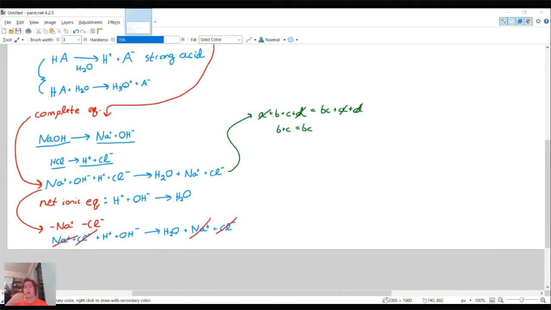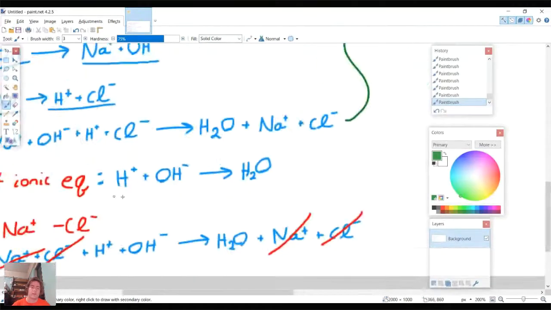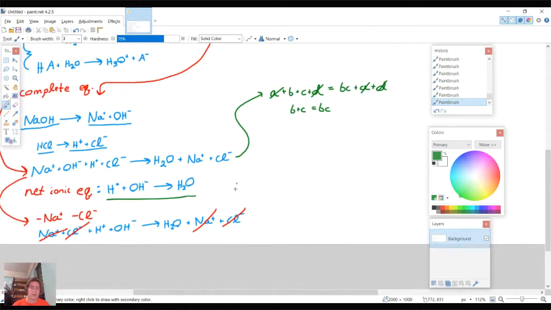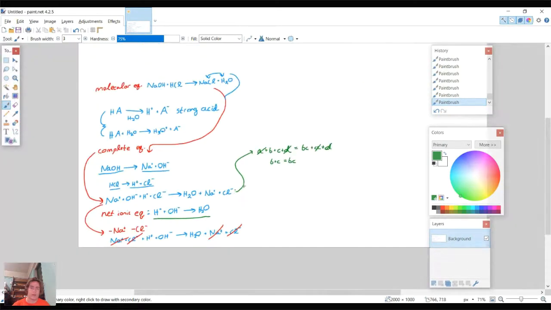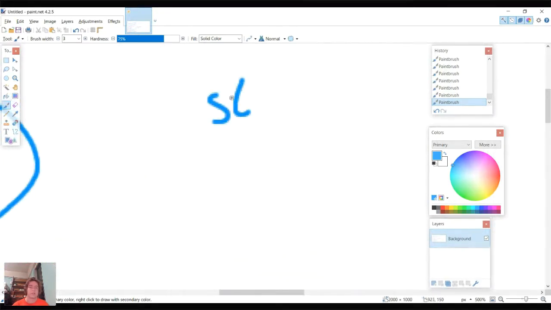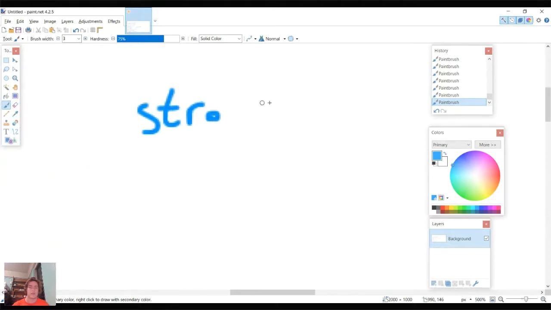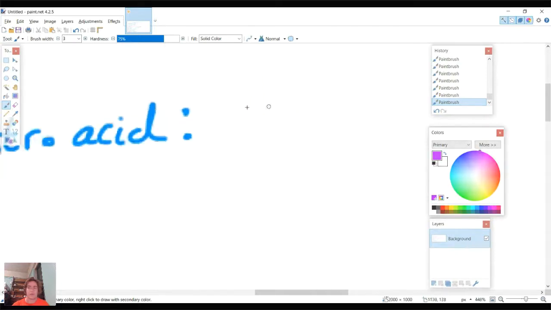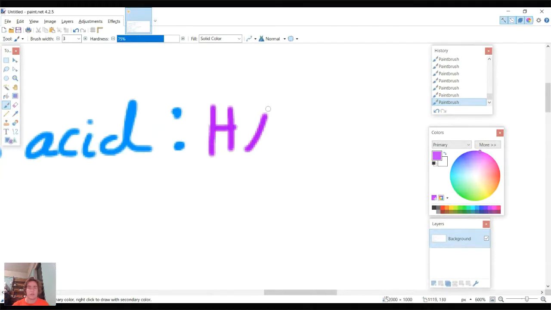Awesome, cool. So this result is very significant. It turns out you can generalize this with any strong acid and strong base, so I'm going to show that. A strong acid is defined by the following chemical equation: HA dissolves into A minus and H plus.